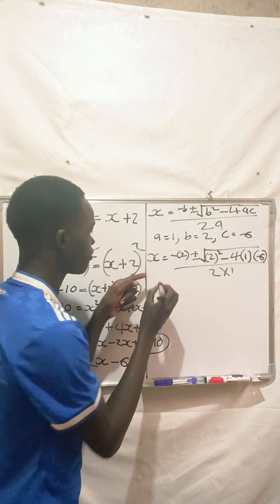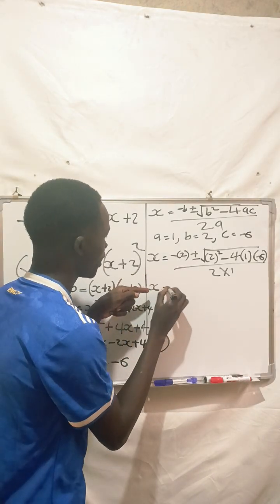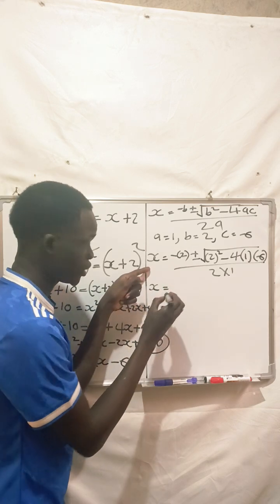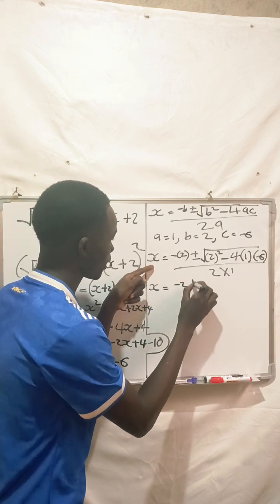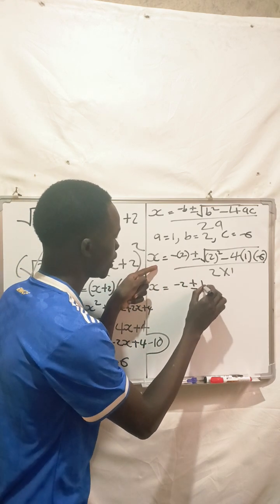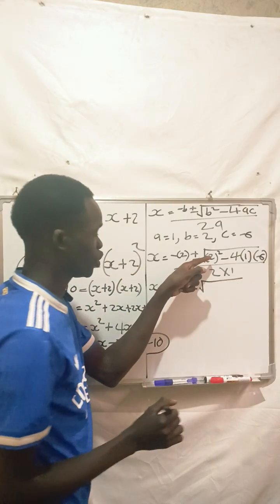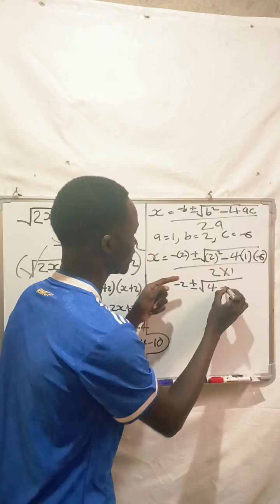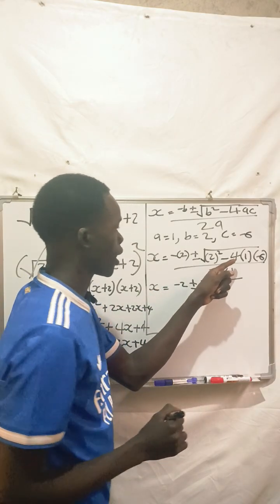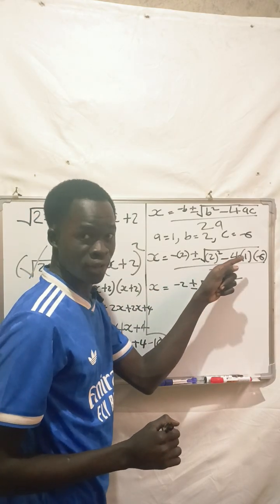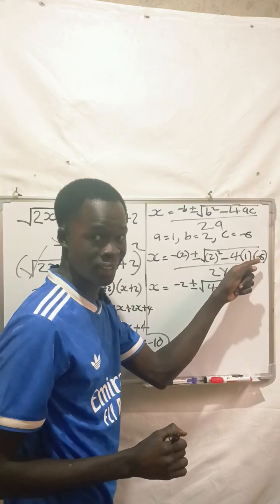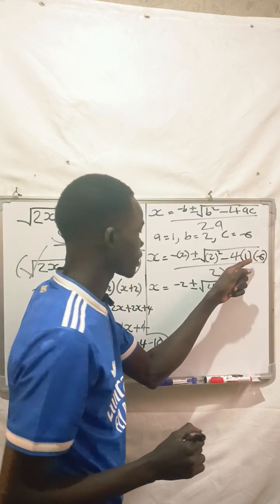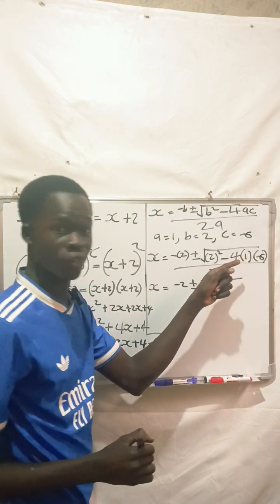So here we are going to have x equal to minus 2 plus or minus the square root of 2 squared, which is 4, minus 4 times 1 times minus 6. What is the answer? We're going to have positive 24, right?